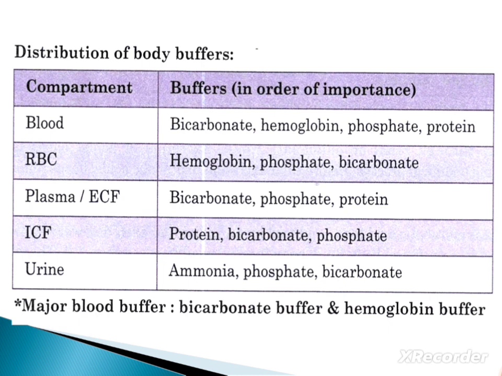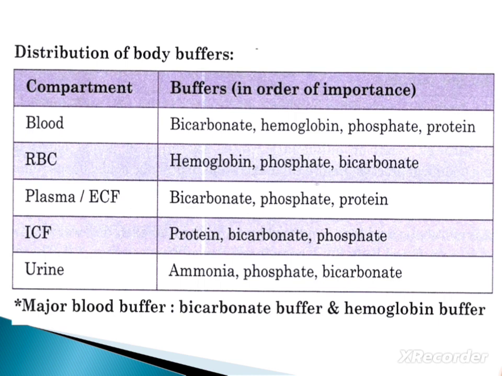Before starting acid-base balance and acid-base disorder, we must recapitulate the body buffers. In the blood, the common buffers are bicarbonate buffer, hemoglobin buffer, phosphate buffer, and protein buffer. In the RBC, the main buffers are hemoglobin, phosphate, and bicarbonate.